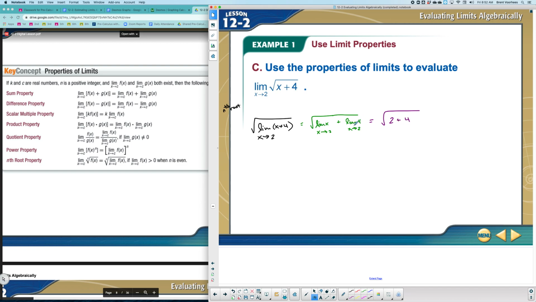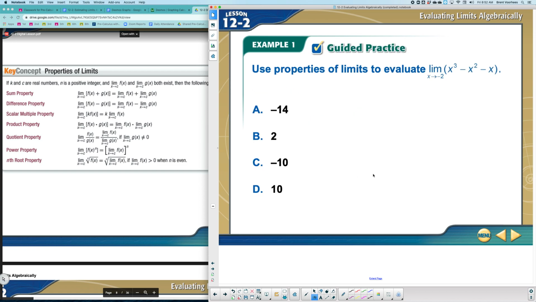Identity, and that's a constant, which is going to equal the square root of 6. And so the answer here, since I cannot reduce the square root of 6, the limit as x approaches 2 of the square root of x plus 4 is going to equal the square root of 6. So now that I walked you through a few, you can go ahead and try this problem. Stop the video if you need to.